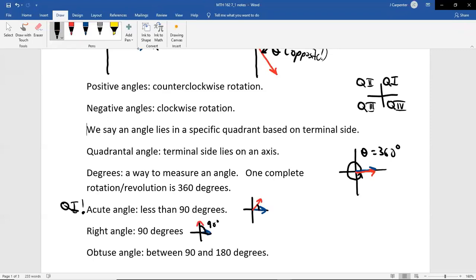An obtuse angle is something between 90 and 180. So that means it's in quadrant 2. So if your initial is here, that means your terminal is somewhere over here. So this could be like 130 degrees, 170 degrees, 141 degrees. That is an obtuse.